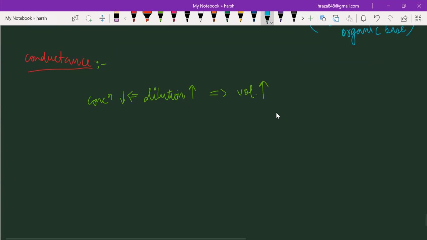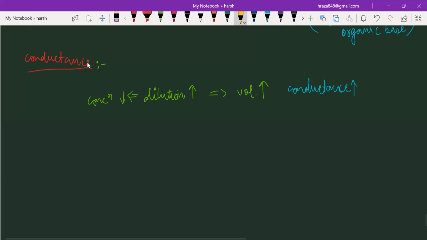If volume increases, the particles present in the solution will be far away from each other. That means the force of attraction between the particles will be lower, so they can move faster than earlier. That means conductance increases.